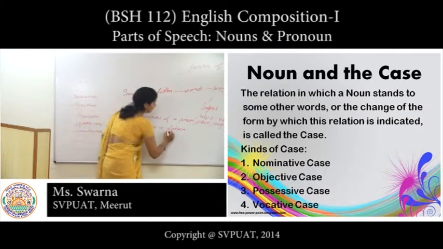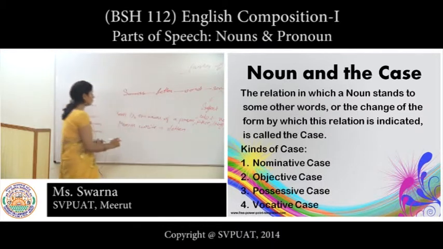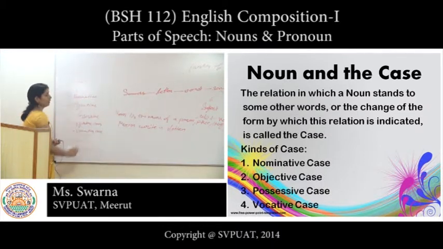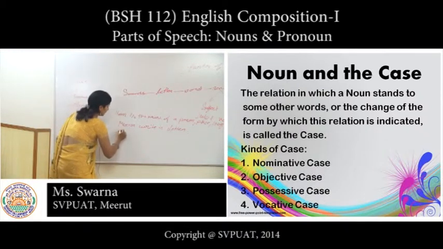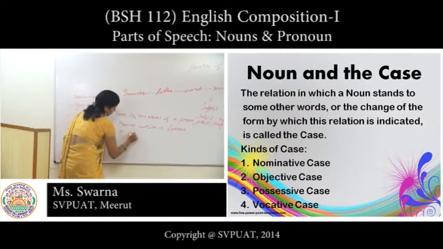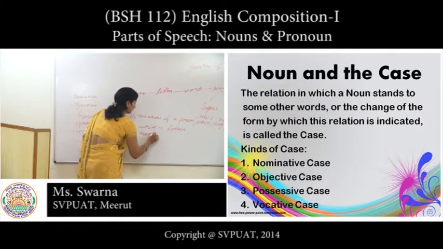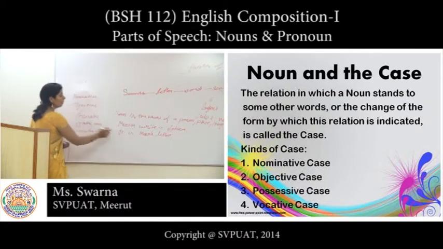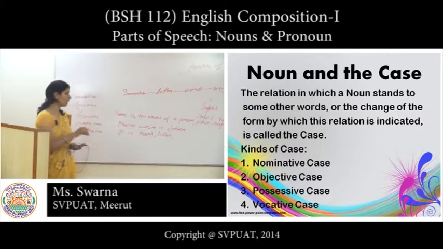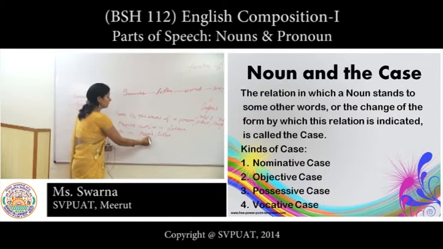When we use a letter at the position of object, then it's called objective case. When we write a sentence like that, this is called possessive case. If we use apostrophe s with noun, then this is called possessive case.